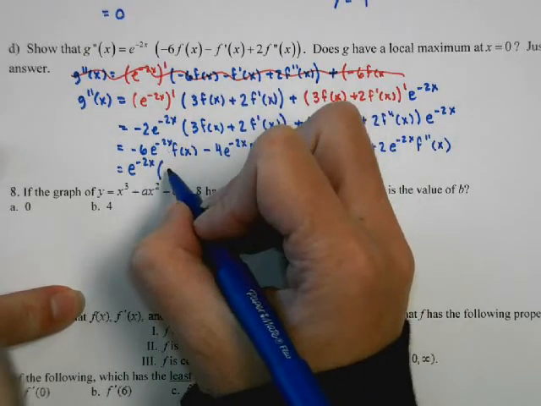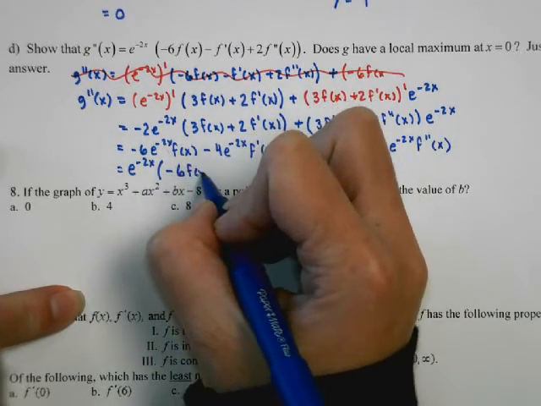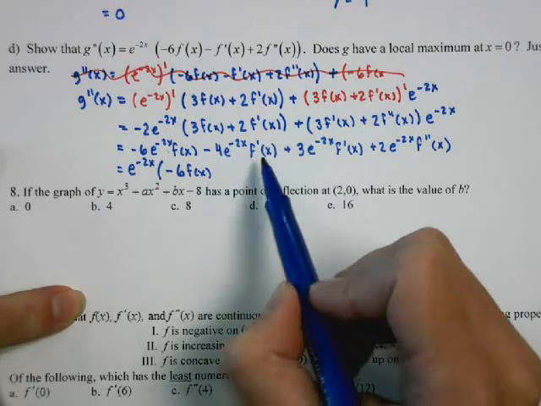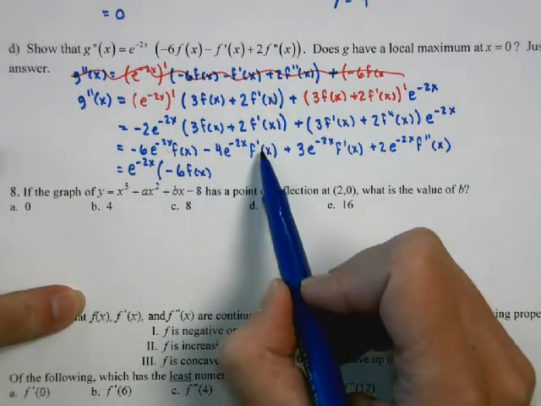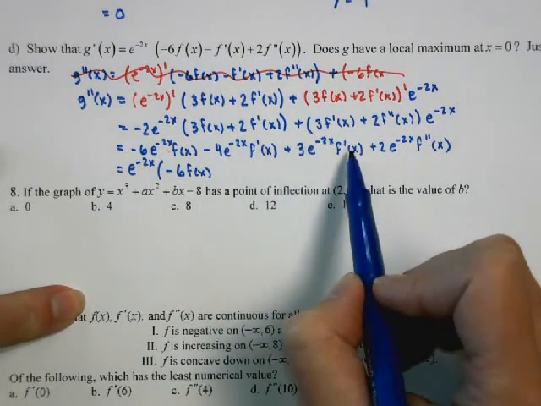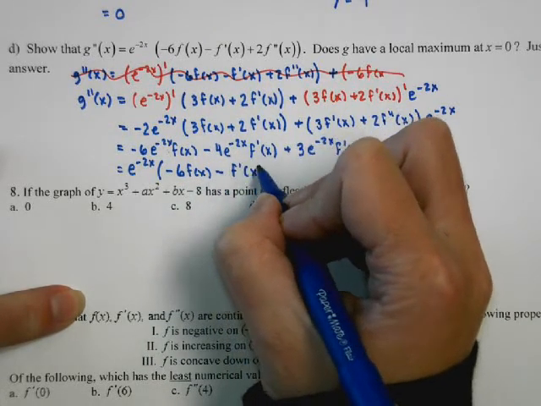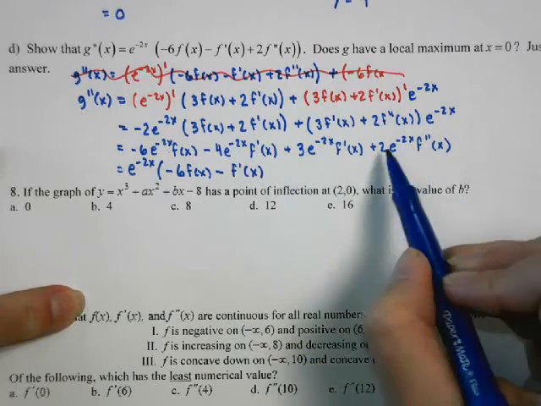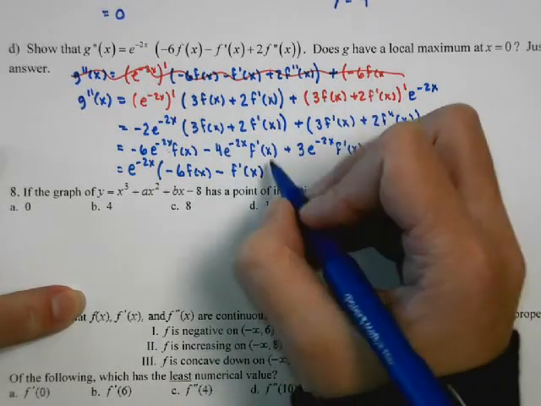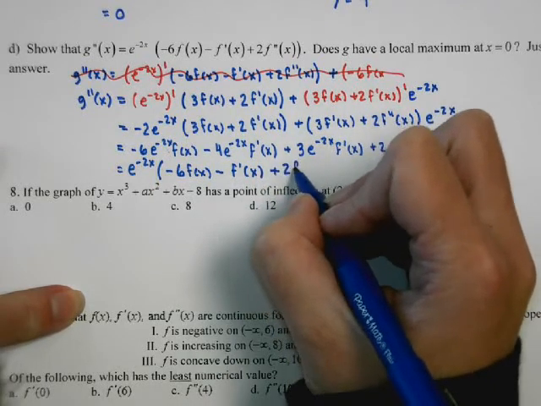We're going to have a negative 4 f prime and a 3 f prime, which gives me negative 1 f prime. And then we have the 2 f double prime. So again, we know what the answer is. We just have to arrive there.